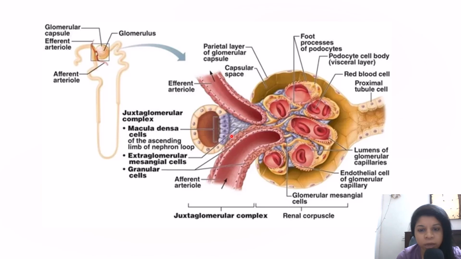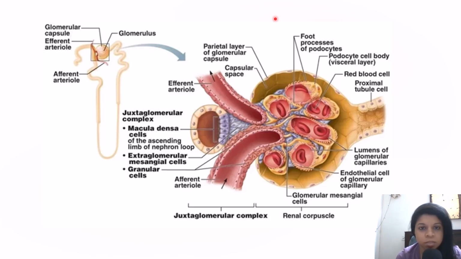Then there are the extraglomerular mesangial cells. Mesangial cells are supporting cells inside the glomerulus. There are also extraglomerular mesangial cells, outside the glomerulus. So these three components, that is the macula densa, the extraglomerular mesangial cells and the JG cells, constitute the juxtaglomerular apparatus, and they are mainly responsible for synthesizing, storing and secreting renin, which is an enzyme important for the renin angiotensin aldosterone mechanism.